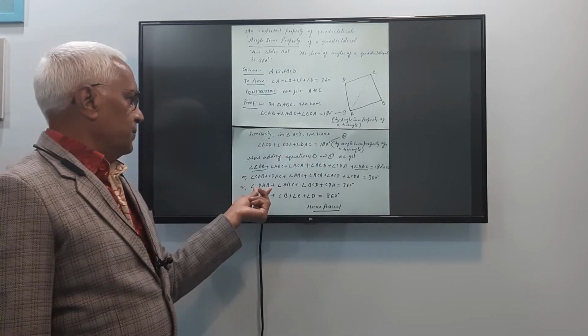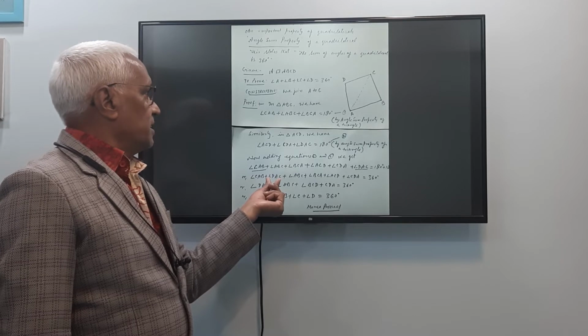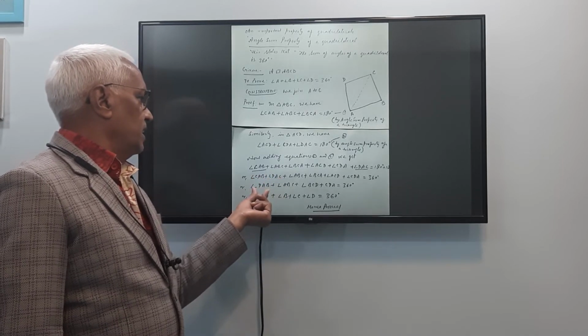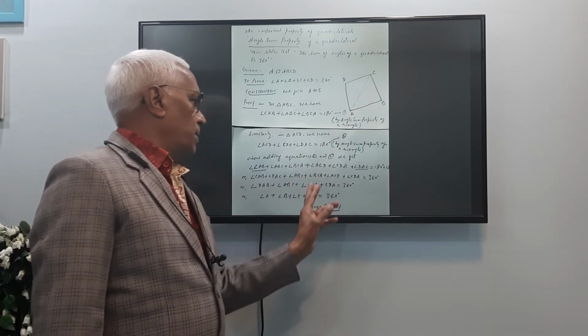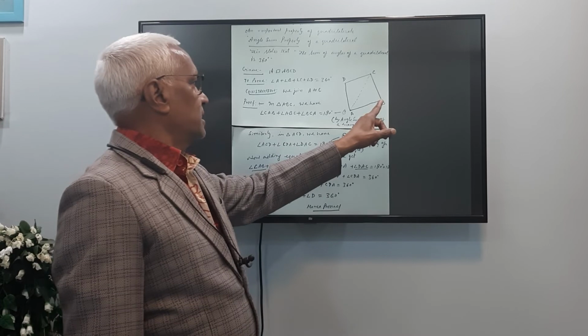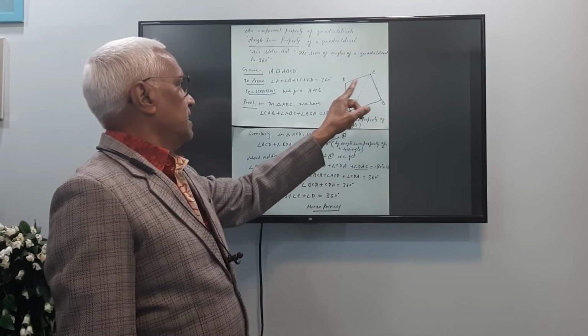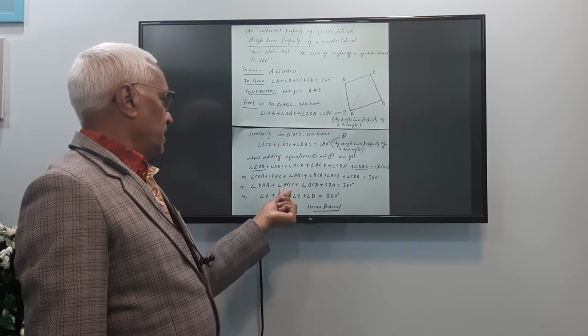Now CAB plus DAC is equal to angle DAB. Angle ABC is as it is because this is the whole angle. Then angle BCD is this angle BCA plus angle ACD. This angle plus this angle gives us angle BCD.